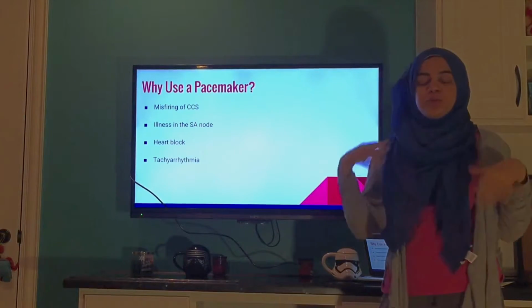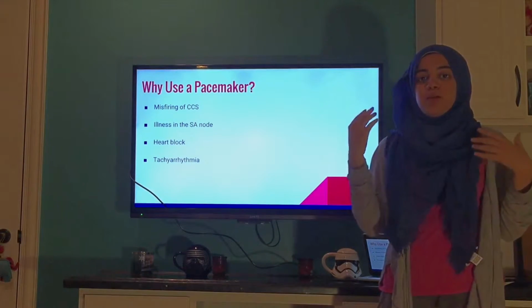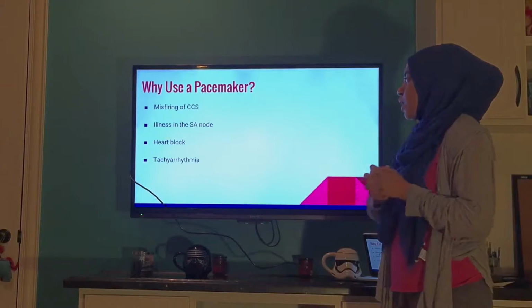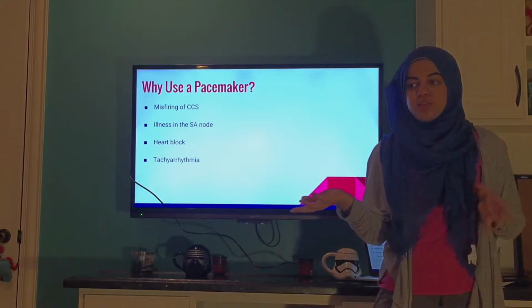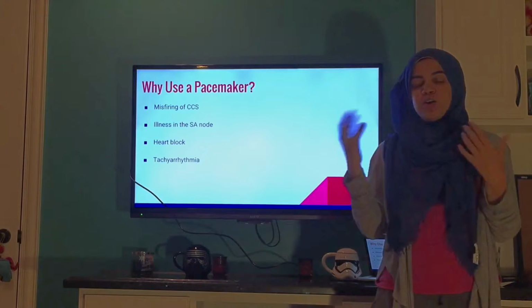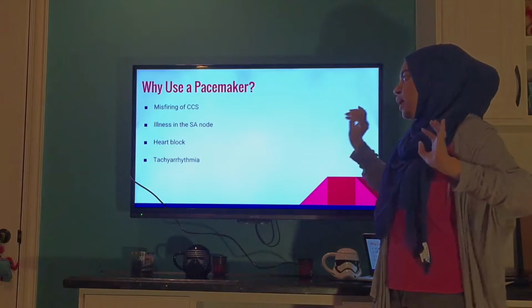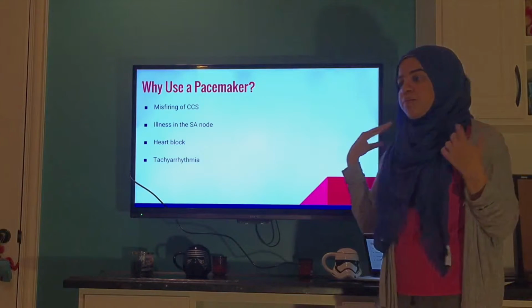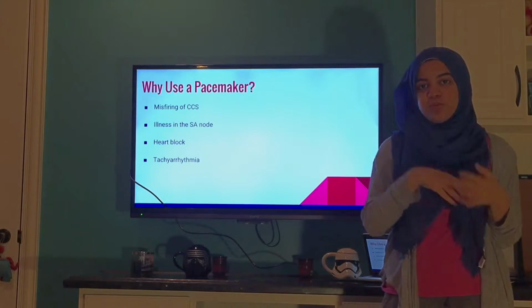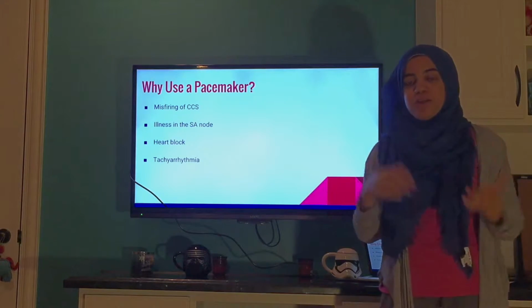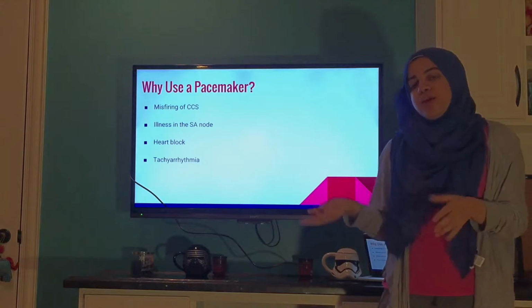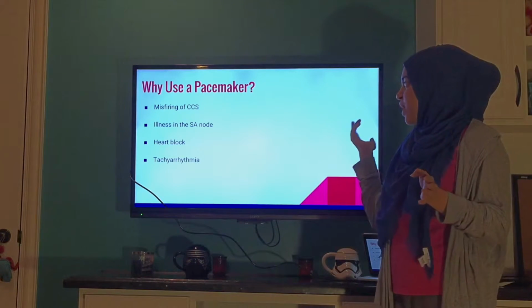There are multiple reasons why somebody would require a pacemaker, as Ariana previously covered, such as misfiring in the cardiac conduction system. This would include illness in the SA node, which is basically our natural pacemaker, and that would be a threat to our heartbeat and heart rate.